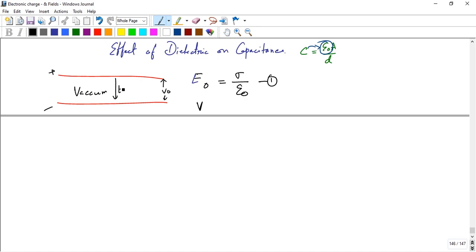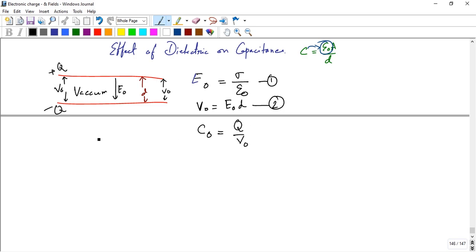V naught equals E naught times D, where D is the separation or gap between the two plates. So the capacitance C naught equals Q over V naught, where Q is the absolute value of the plus Q and minus Q.